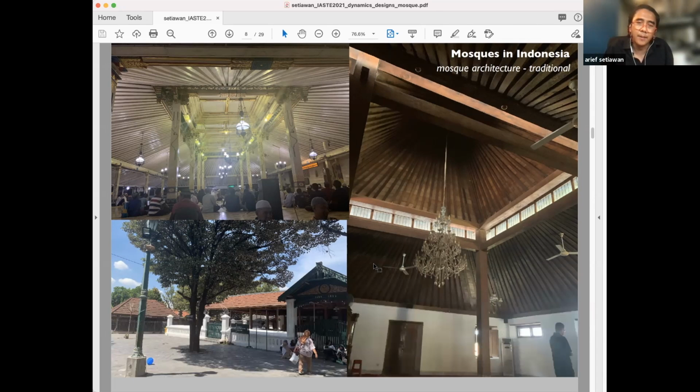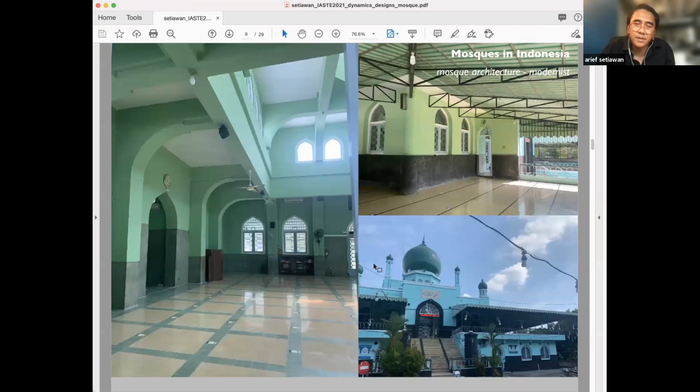It's based on a wooden frame structure, and from the outside, the primary feature is the use of a pyramidal hip roof, all of these features being influenced by Hindu architecture from the 11th and 12th century. This was the way people designed and built mosques up until the first part of the 20th century.